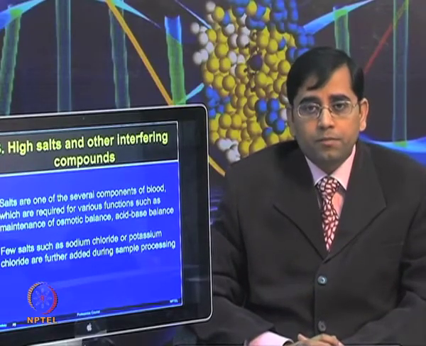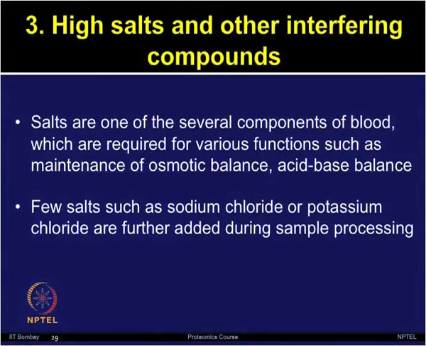The third point, the presence of high salt and other interfering compounds. As we have talked about different types of interfering compounds, so now you are familiar that salt is one of the several components which could be very much interfering during your proteomic applications.